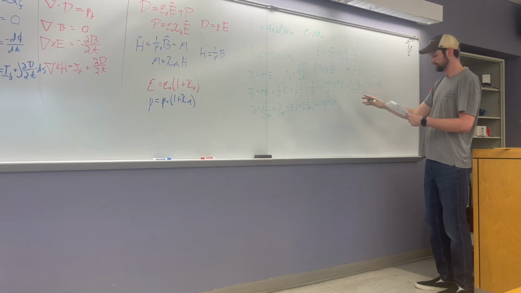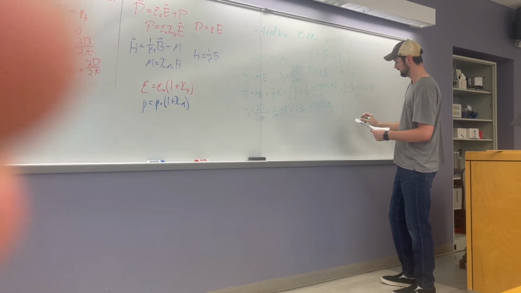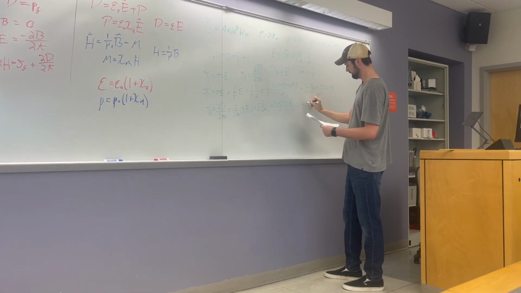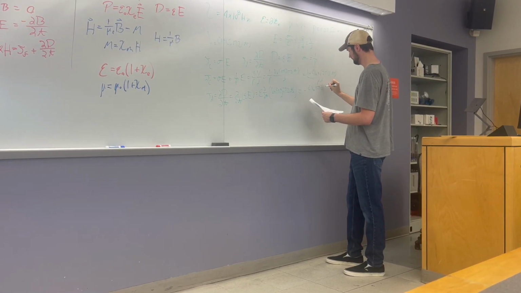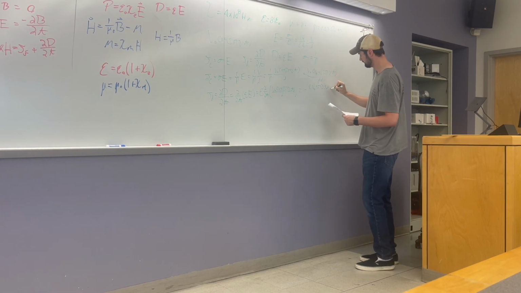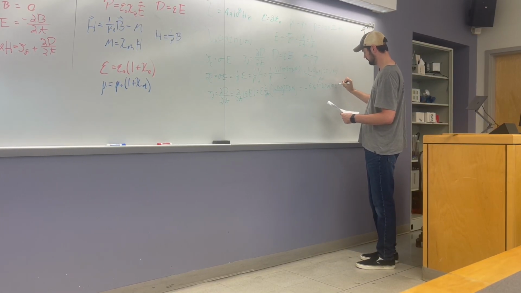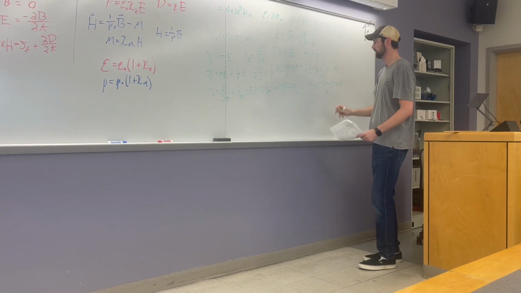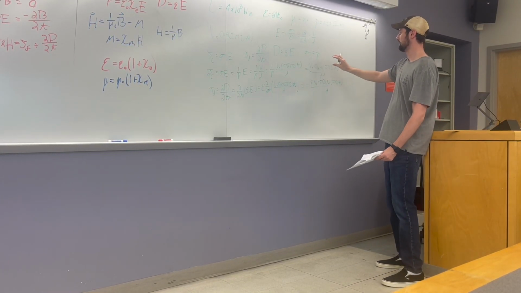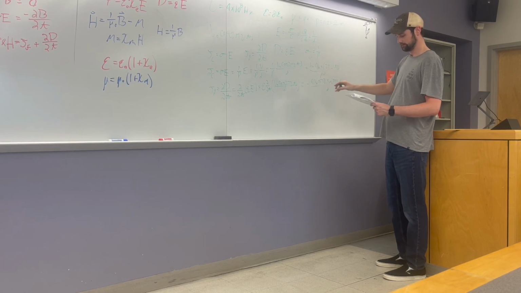When we solve that, we get negative epsilon V naught 2 pi mu sine of 2 pi mu t divided by D. And so now we just want to divide this by this.